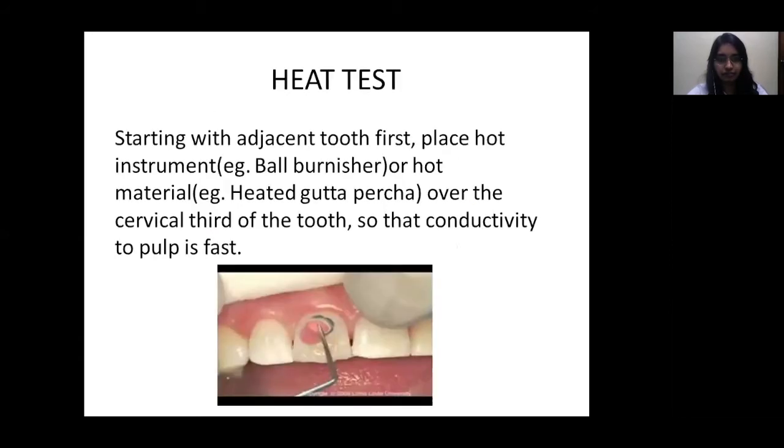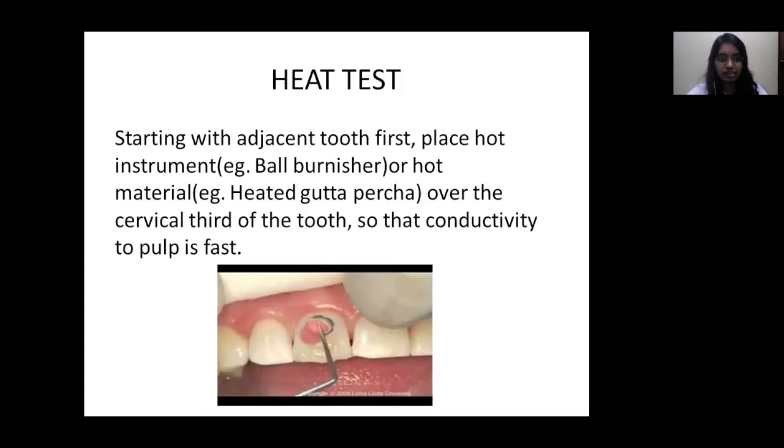The second test I'm going to talk about is heat test. Heat test is most advantageous in the condition where the patient's chief complaint is intense dental pain upon contact with any hot object or liquid. There are different methods used for heat test. The most common method is by using a heated gutta percha.